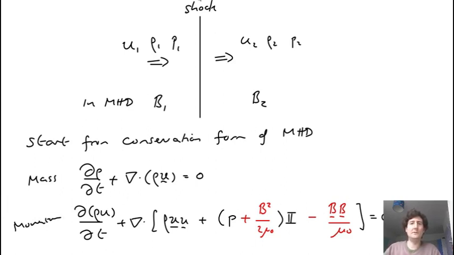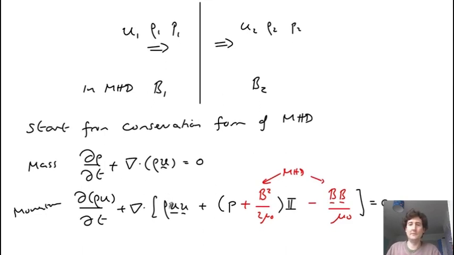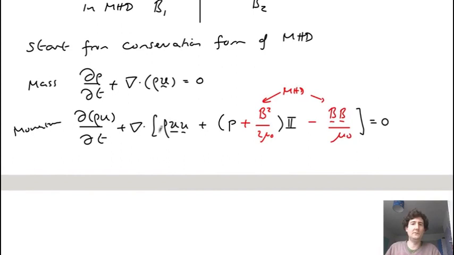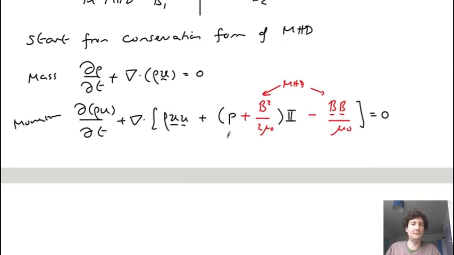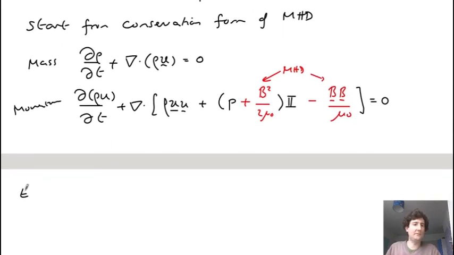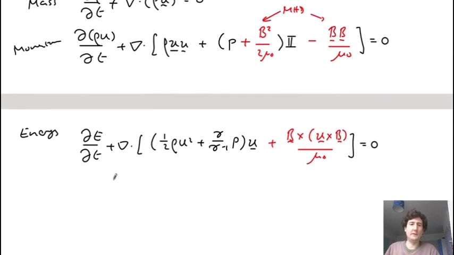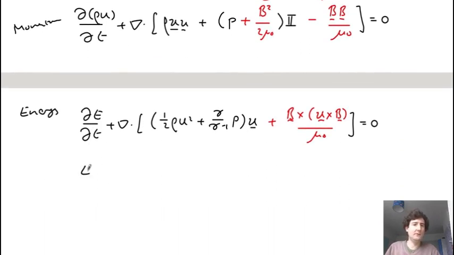These are the MHD parts, which are the bits that have changed. The rest is the same as the Euler equations. So this gives the momentum equation, so the momentum flow and the static pressure. And then we have the energy, which also has some extra terms from the magnetic field, where also the energy density E has some additional terms.